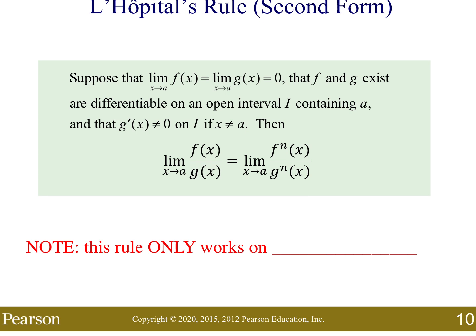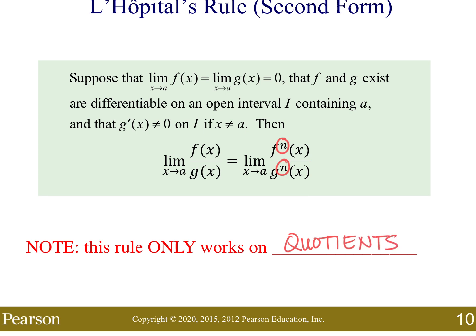So you can repeat the process over and over as long as you keep getting an indeterminate form. So that's why the n is here, to represent an unlimited number of derivatives until you finally get away from an indeterminate form. But again, this only works on quotients.